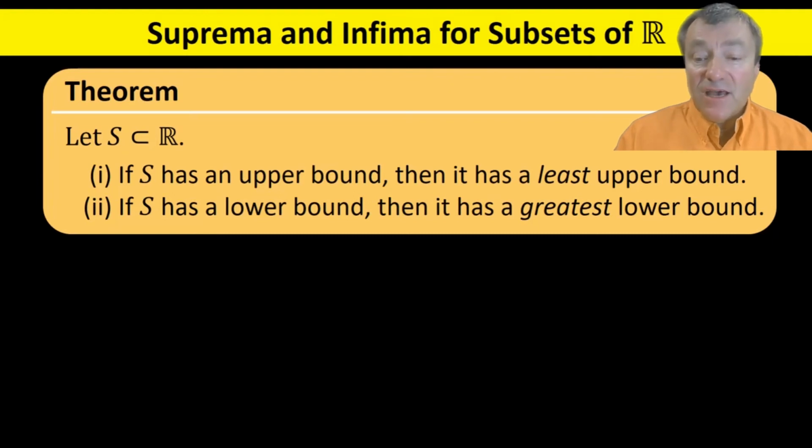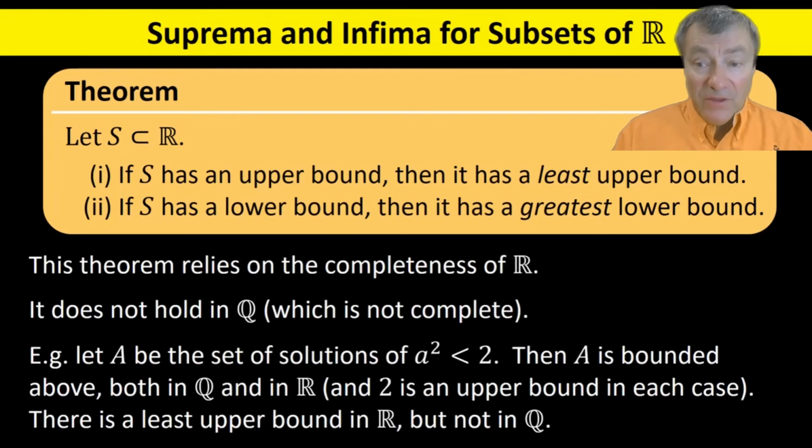If S has a lower bound, then it has a greatest lower bound. The property of the real numbers that we need to make this theorem hold is the property we call completeness. Note that the rational numbers do not have this property. For example, let A be the set of solutions of A squared less than 2.